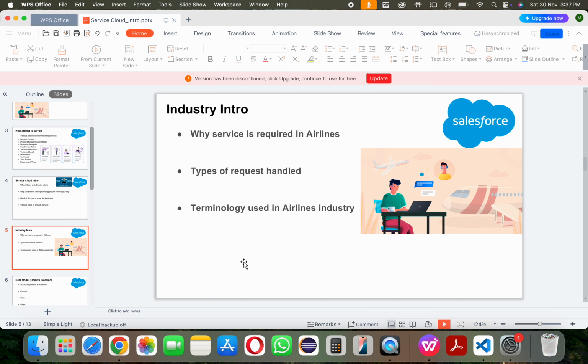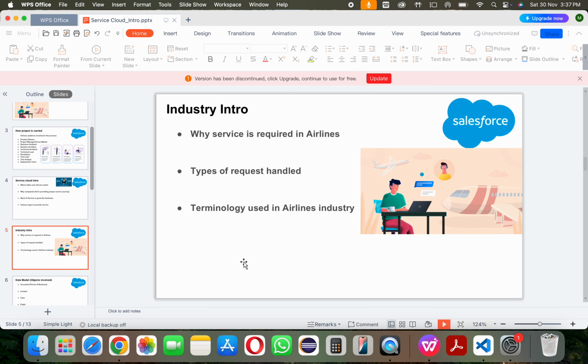So there are various services that a customer requires while traveling from one place to another using airlines or train or bus. Here we are going with airlines. That is the main reason. There are various reasons, maybe services like complaints.